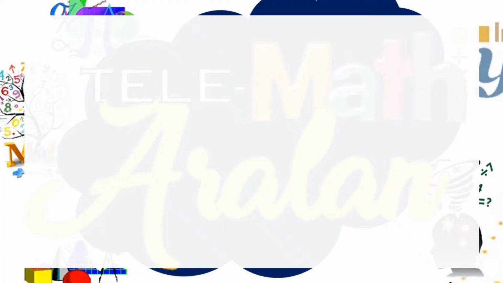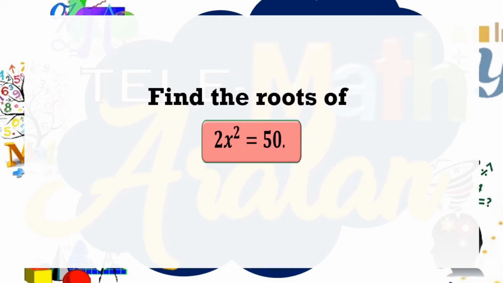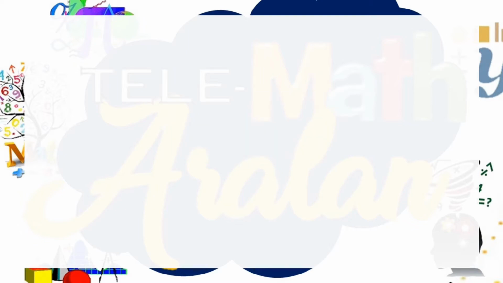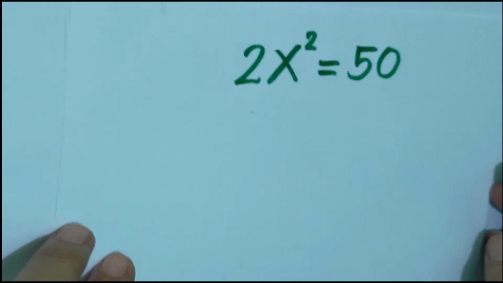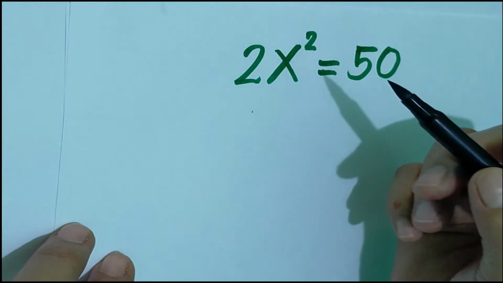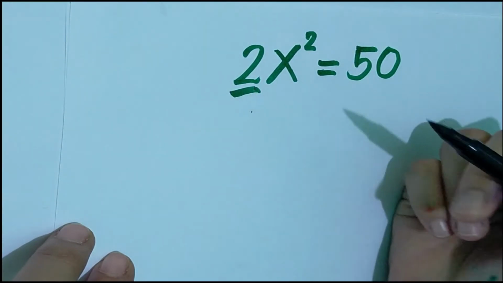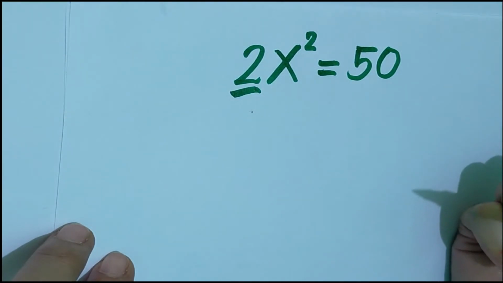Let's have another example. Find the roots of 2x squared equals 50. As you observe, the numerical coefficient of x squared is more than 1. So first, you're going to eliminate this coefficient so that the remaining term will be x squared. What are you going to do to eliminate the coefficient of x squared?